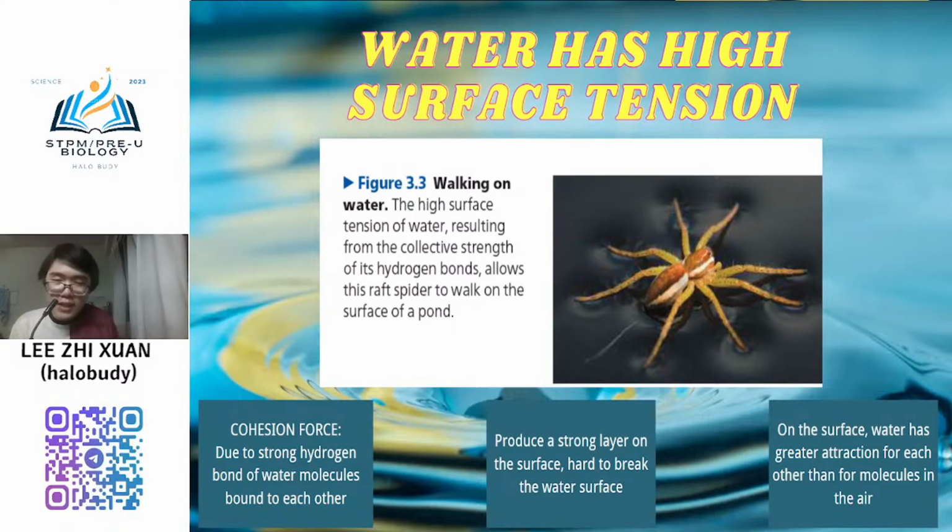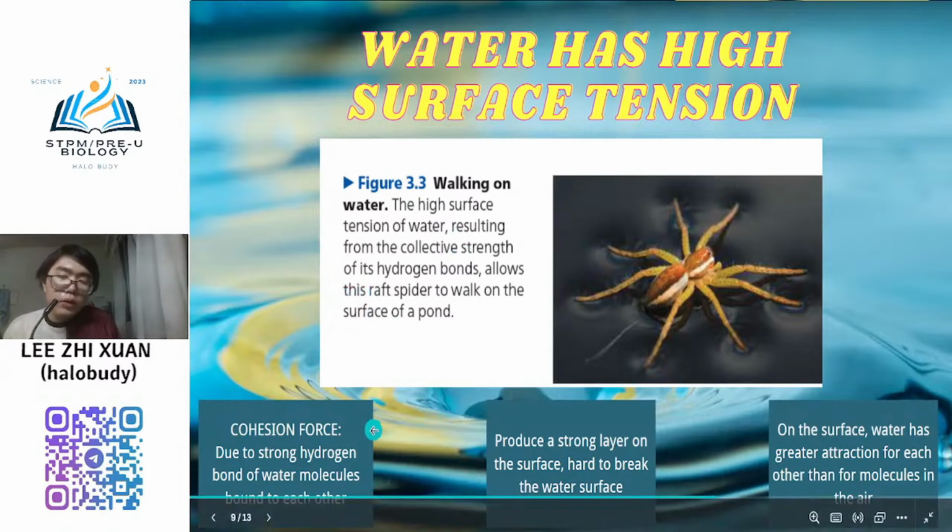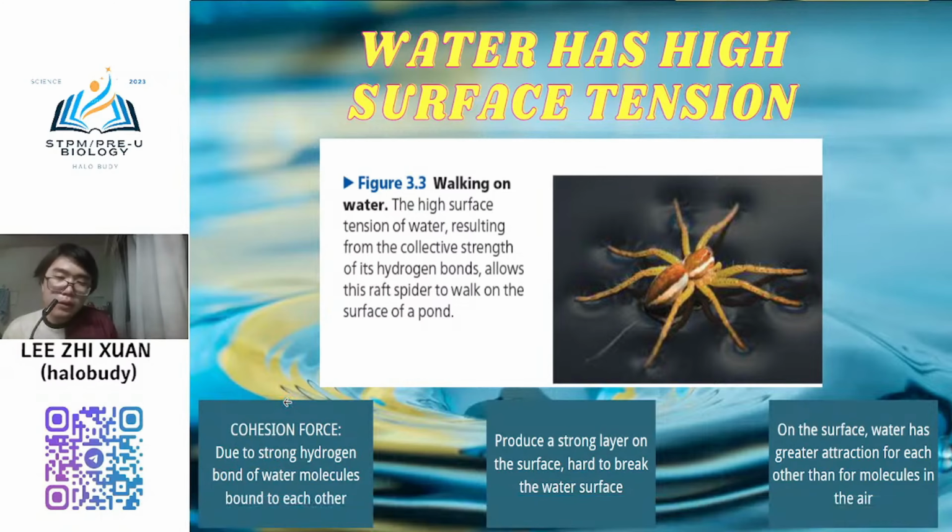Why can they do this? The term is that water has high surface tension. So why is this? High surface tension applies when walking on water. One of the forces is cohesion force, meaning that there are strong hydrogen bonds between water molecules bound to each other, especially at the top layer of the water molecules.